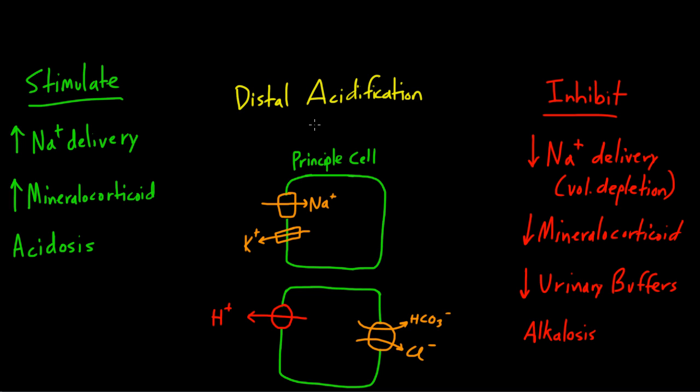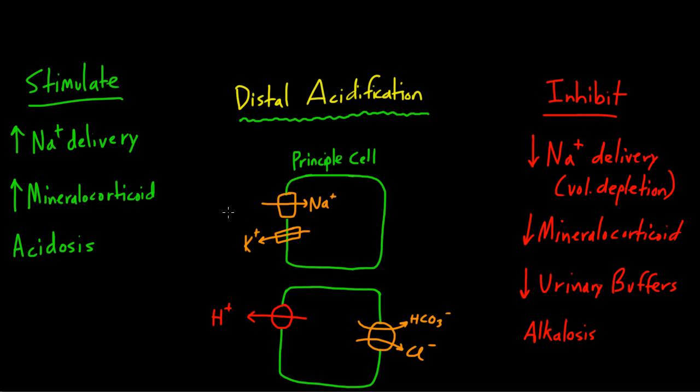So next, it's important to know what factors will stimulate distal acidification and which factors inhibit it. One thing to understand real quick is that the principal cell, which is also located in the cortical collecting duct, has a sodium channel that reabsorbs sodium. It's called ENaC.